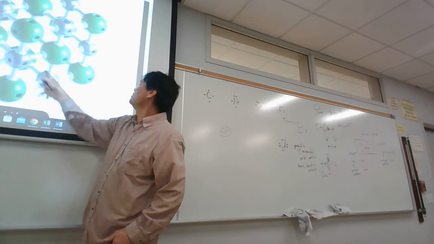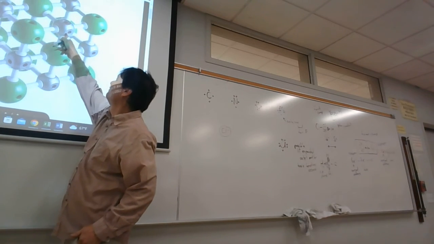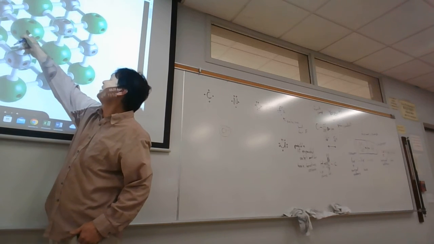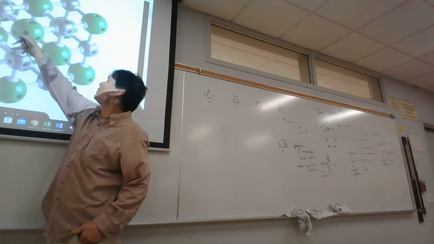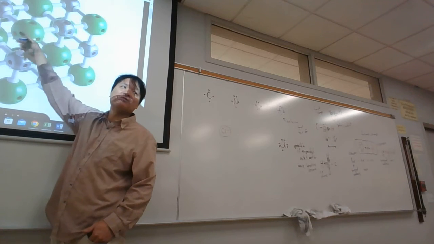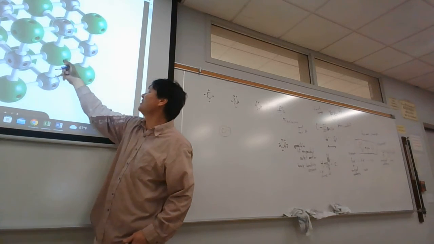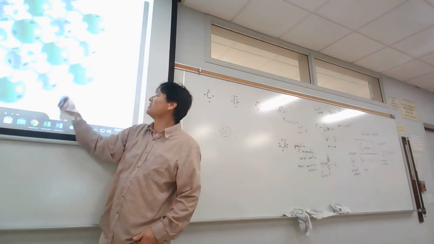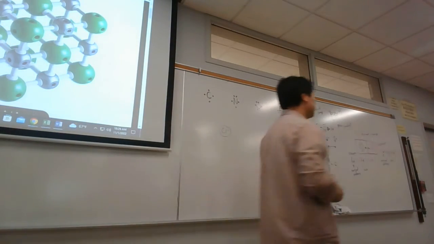Well, it looks like 1, 2, 3, 4. But do you see there's a line going out this way? There's a gray or silver ball right there, but it's hidden. That's 5. And then do you see there's a line that comes out this way? That you can't really see unless we expand the structure.